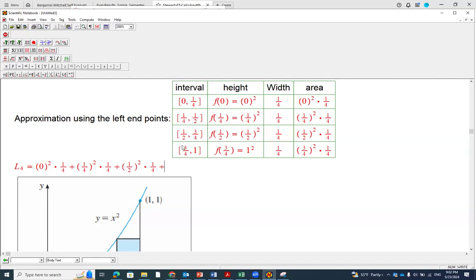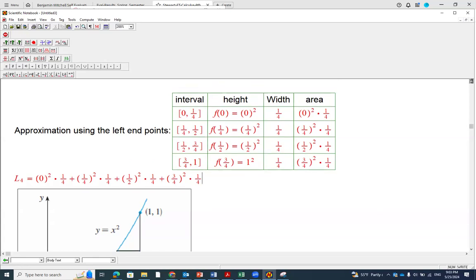So if we keep doing this, whoops, sorry, this is a 3. This is 3/4. Okay, sorry. I'm adding this one to the total area using the left endpoints to approximate. So we're going to get two numbers.